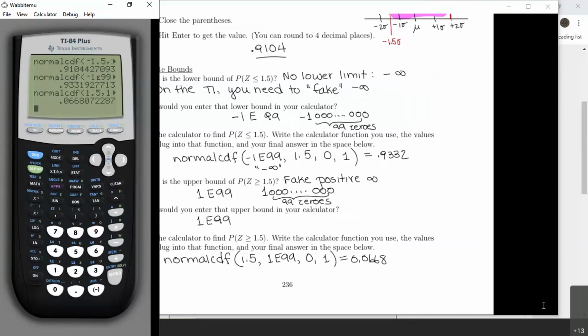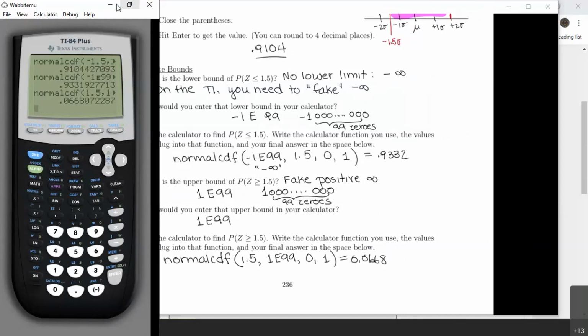You can see these two numbers, if you added them together, should add up to 1, because this is showing you the area under the curve below 1.5. This is the area above 1.5, and these two need to equal 1.